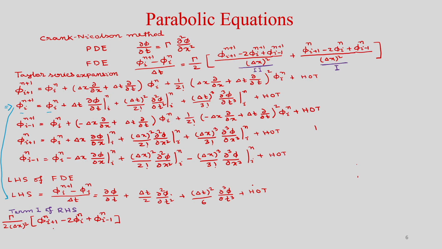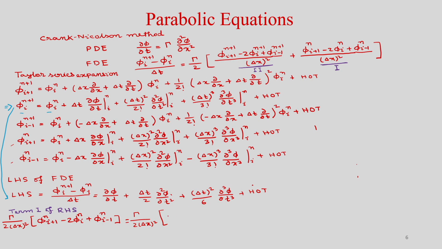So, term 1, let us see what will happen. You take phi I plus 1 n, then 2 phi I, and phi I minus 1 n. These last two, this expansion you take and put it here. So, you are going to get gamma by 2 delta x square, phi I plus 1 n. Already we have expanded using Taylor series, so you put it there.